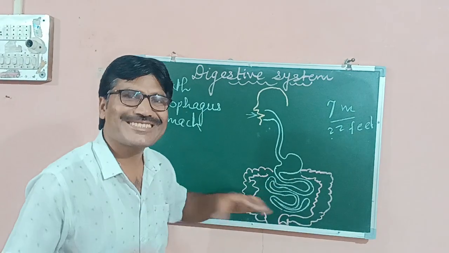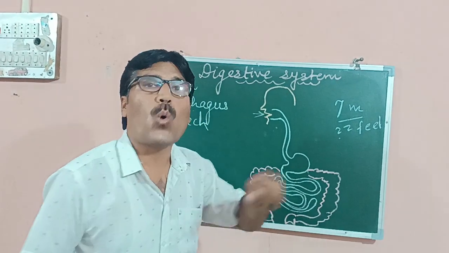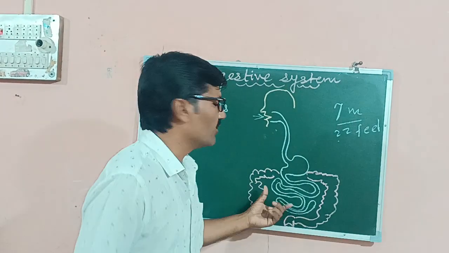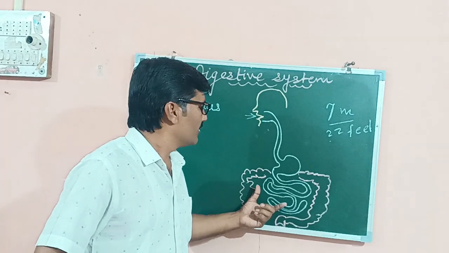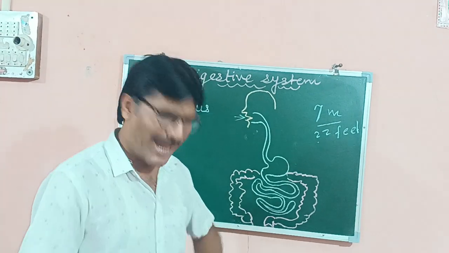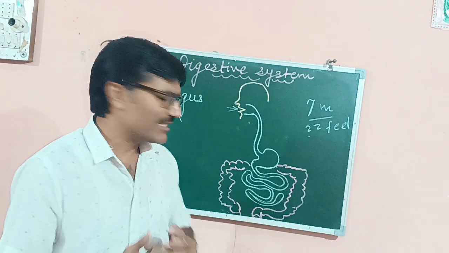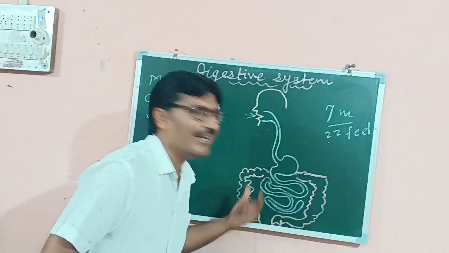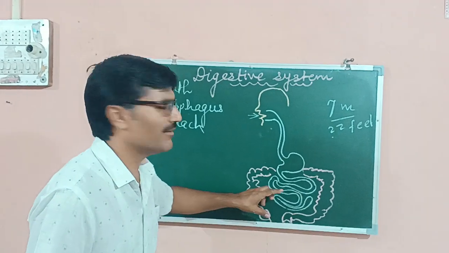And because of such a longer length, nature has bestowed the human being with this. Our abdomen, our abdominal cavity, has been given the quality to coil the small intestine.